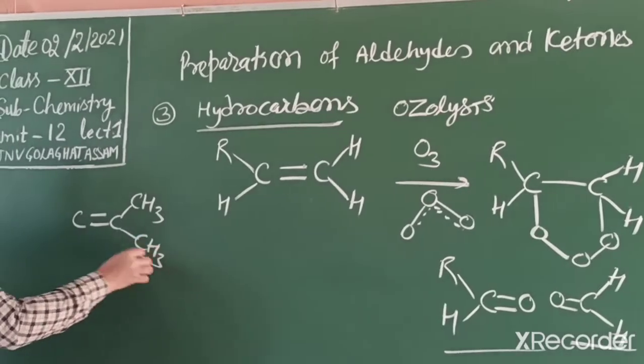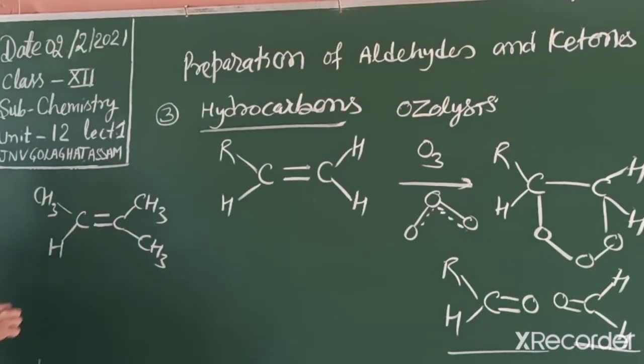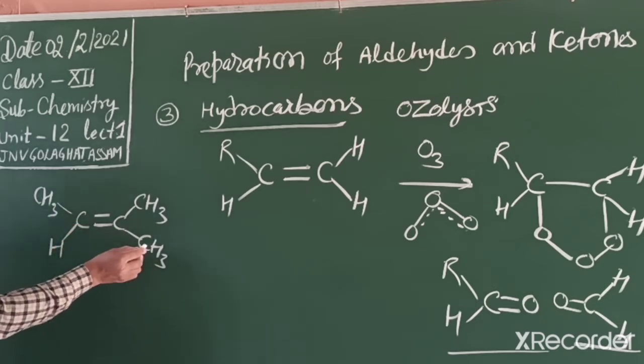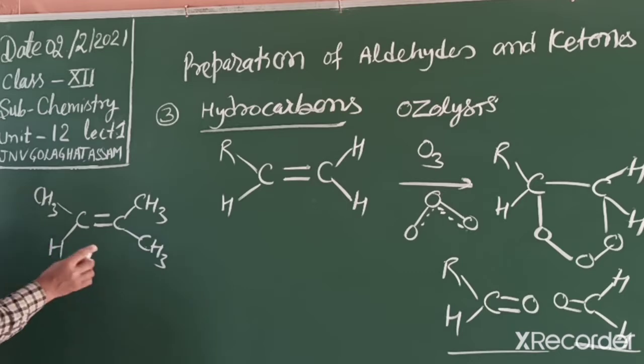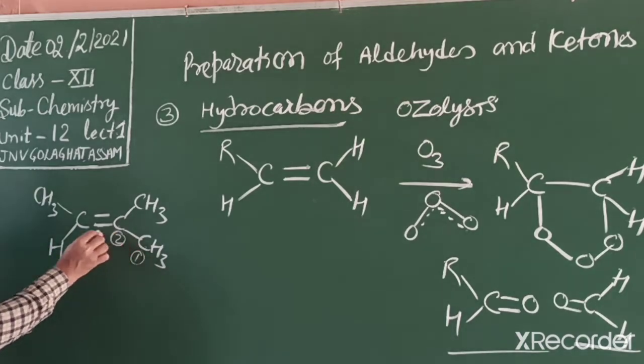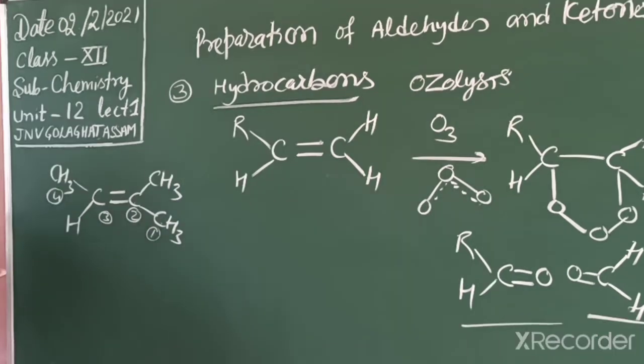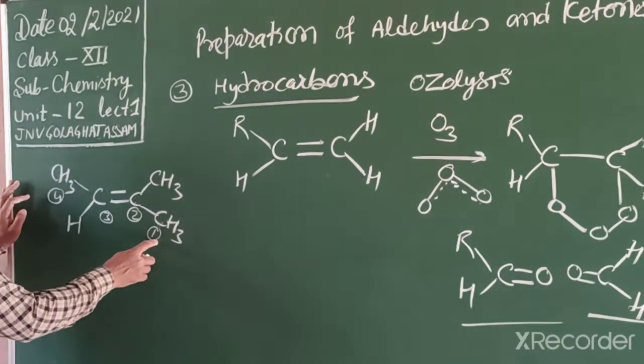if we have such a type of alkene, if we start numbering 1, 2, 3, 4, from either side there are 4 carbons, 1, 2, 3, 4, it means 2-methyl butene.